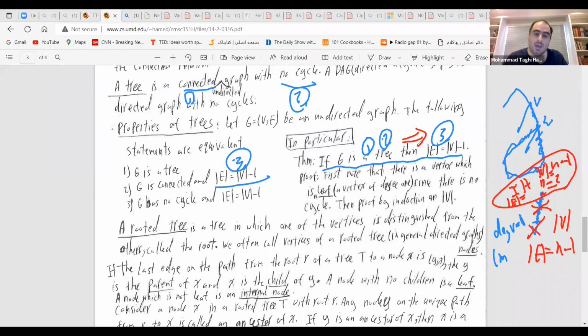Great. I can give maybe one more example of this. Essentially, you need to show that any 2 imply the 3, and this is an exercise for you to prove.